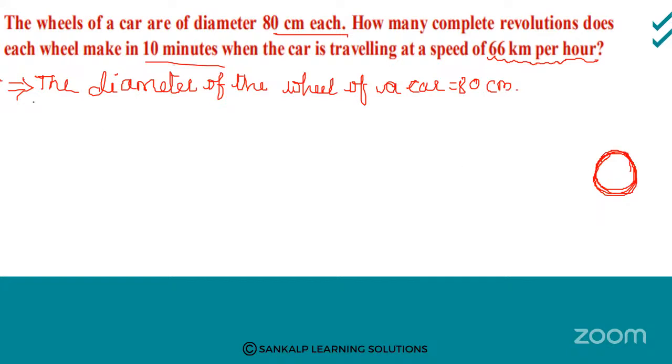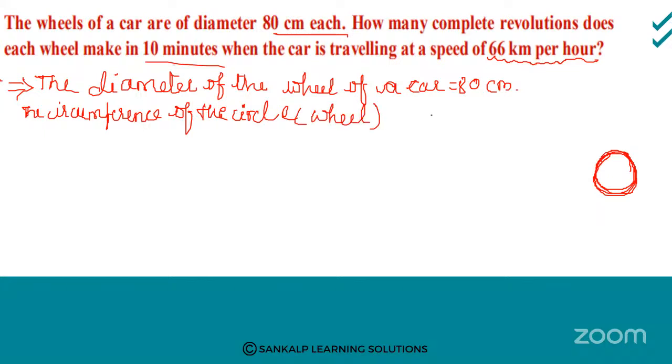Therefore, the circumference of the circle, circle means it is the wheel here. Circumference of the wheel, right, is equal to, what is the formula? 2 pi r, right?